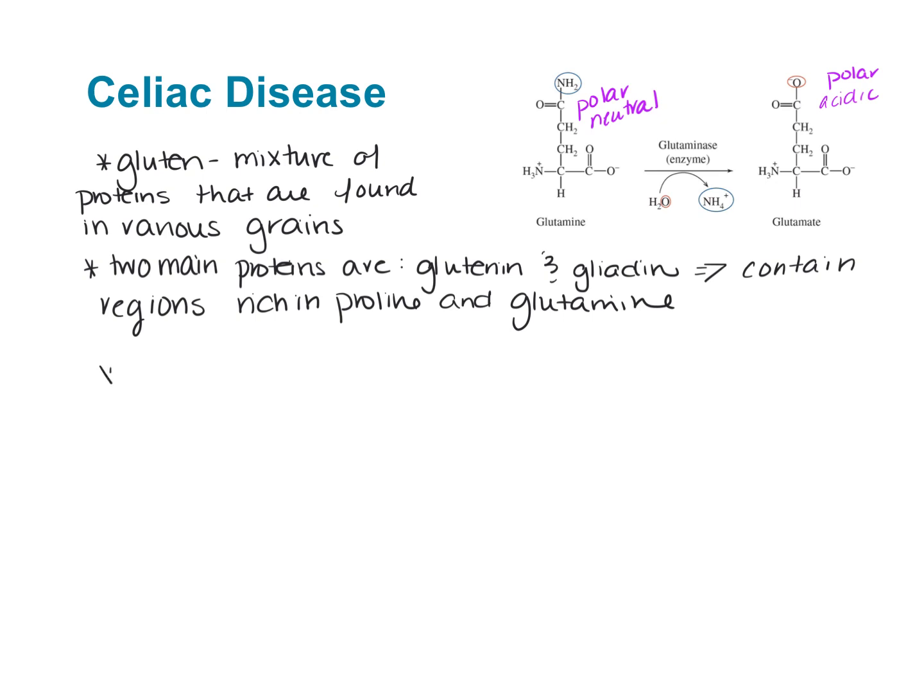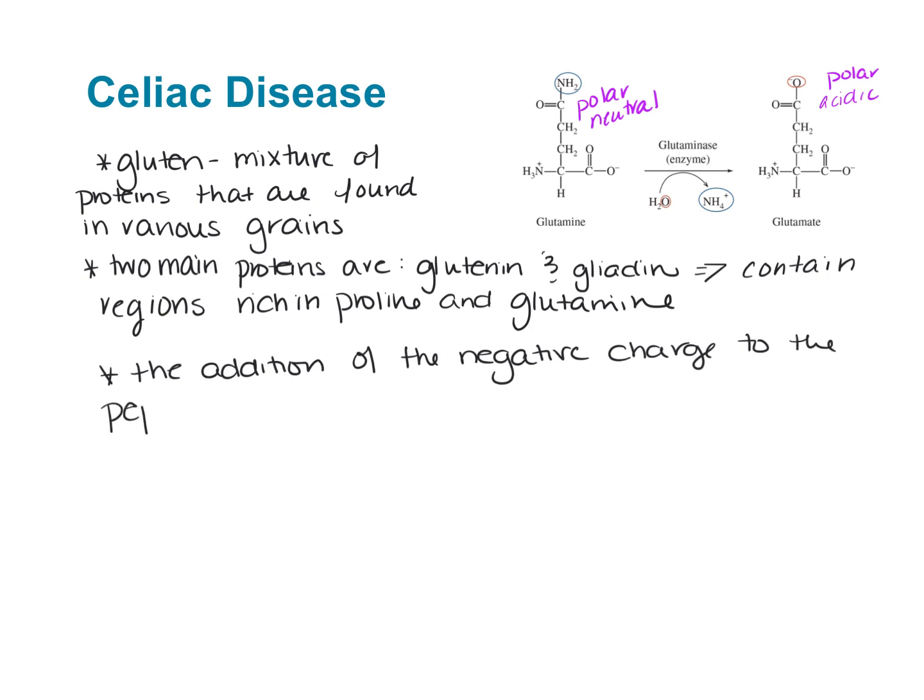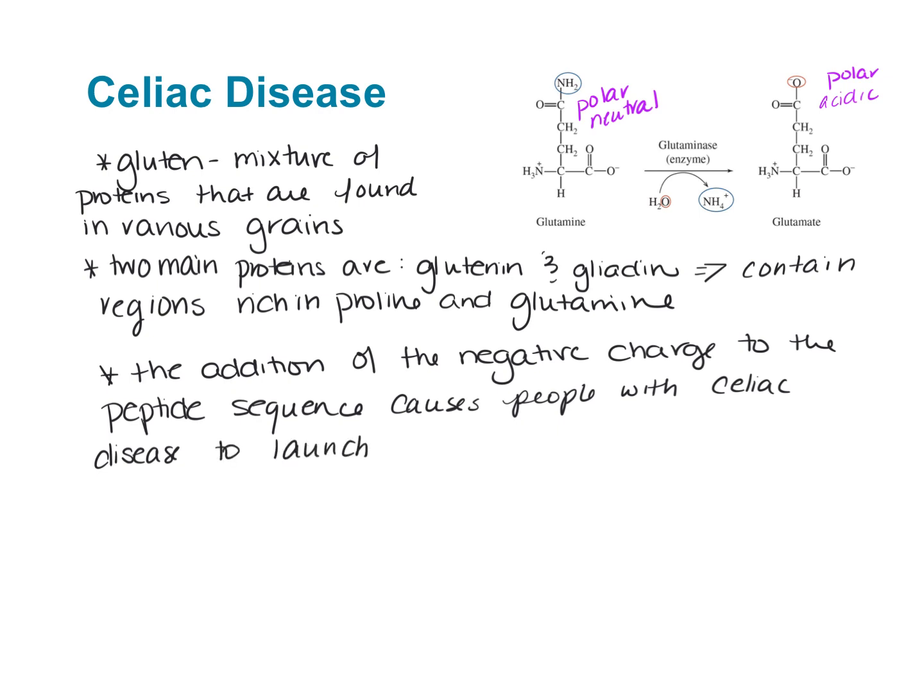And the addition of the negative charge to the peptide sequence causes people with celiac disease to launch an immune response against those peptides.